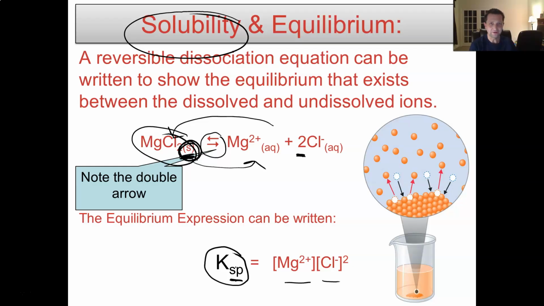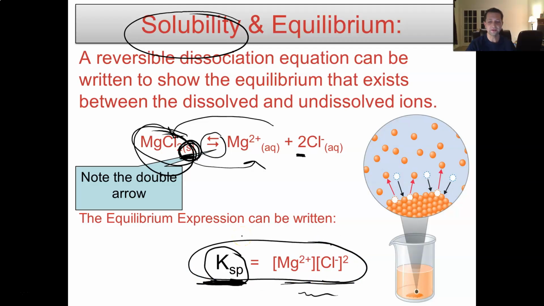You will never, ever have a Ksp with a fraction here. You'll never have anything in the denominator because there's always only one thing on the reactant side, and that one thing on the reactant side is going to be a solid. All right? So get used to seeing this format here for Ksp.